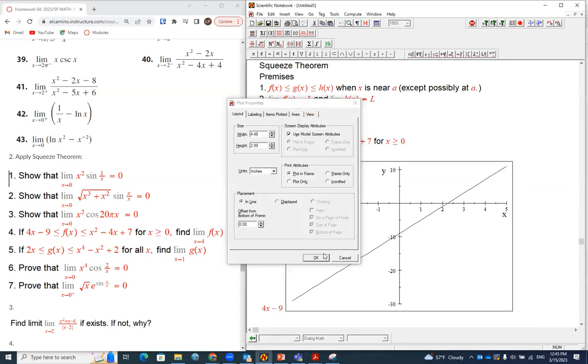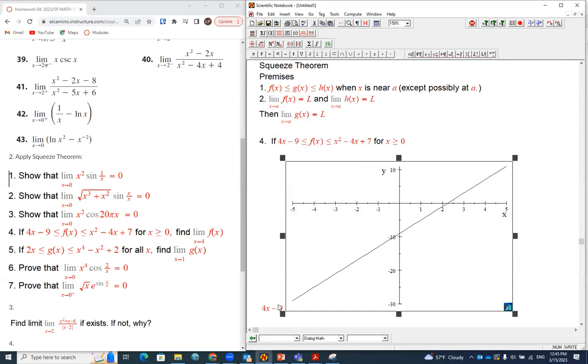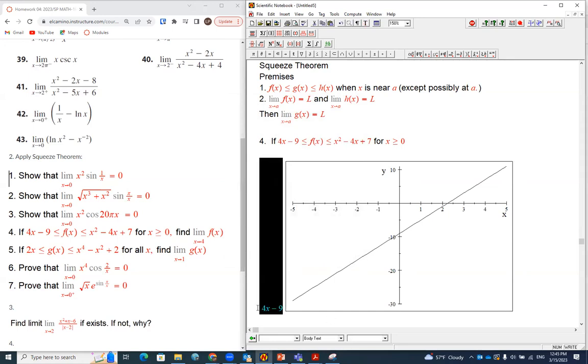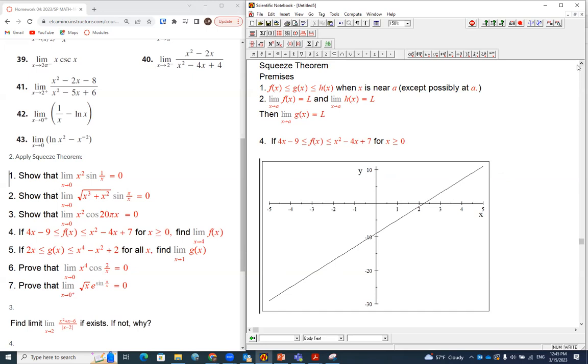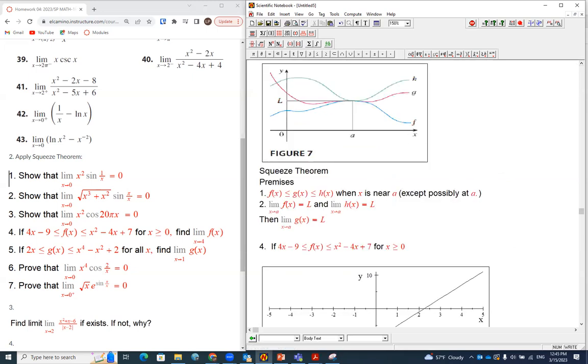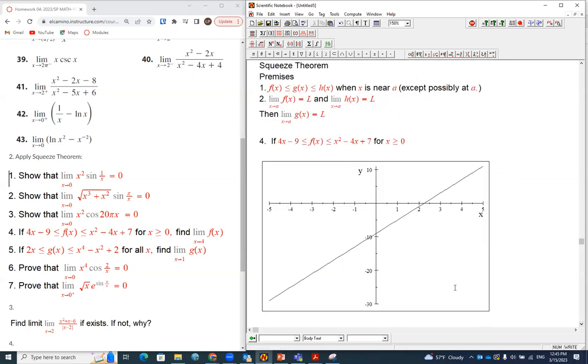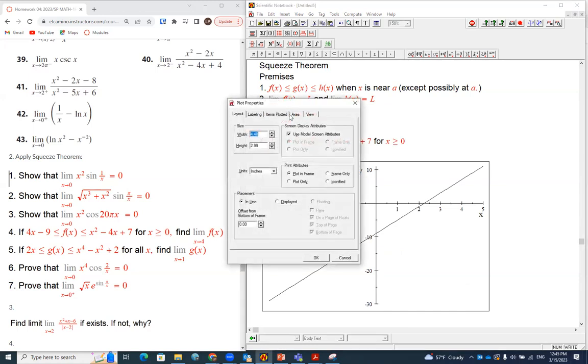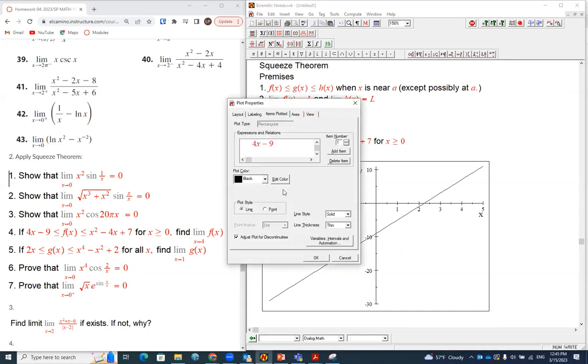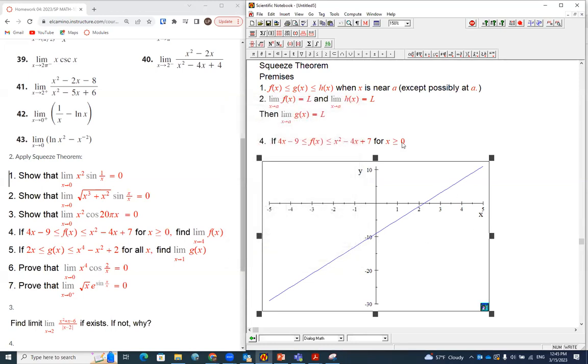4x minus 9 is a straight line. I'm going to make it the color blue. Greater than or equal to 0. I'm going to make some more adjustment to this picture later.